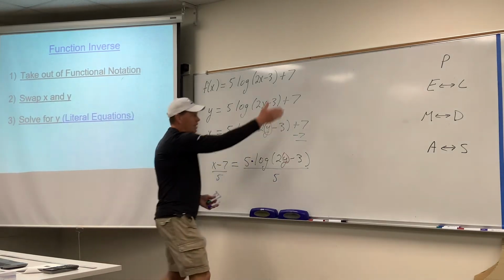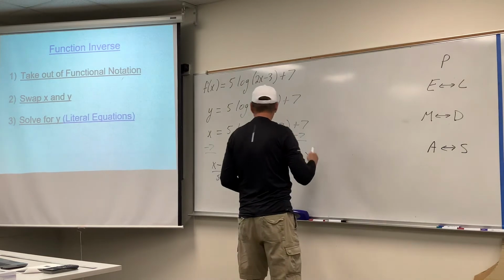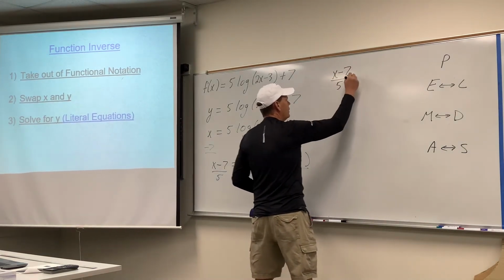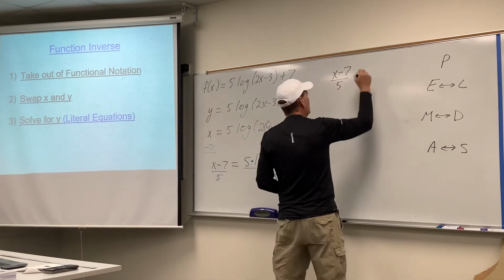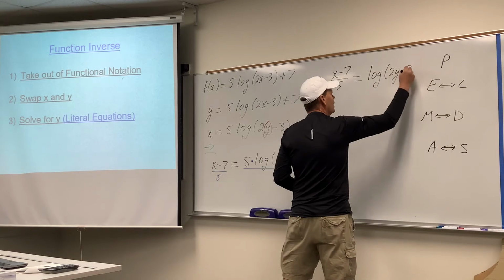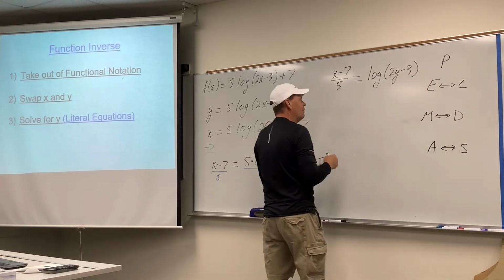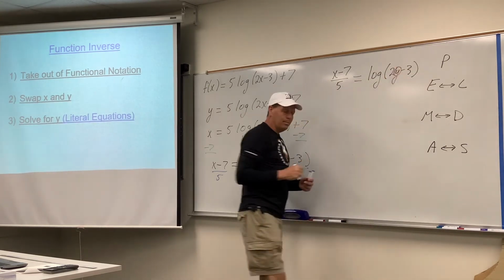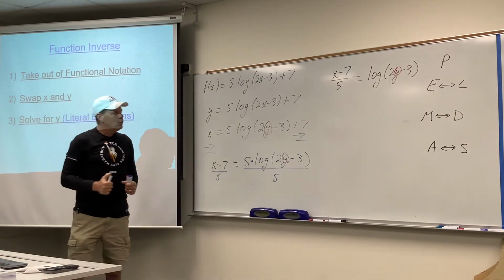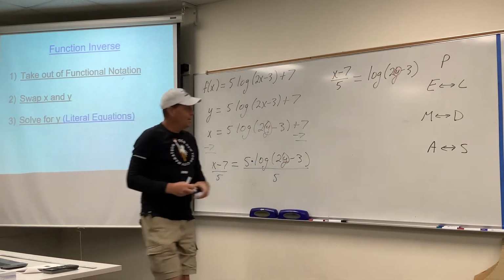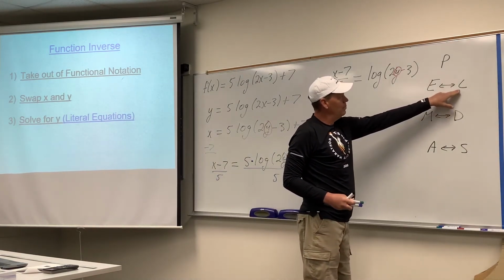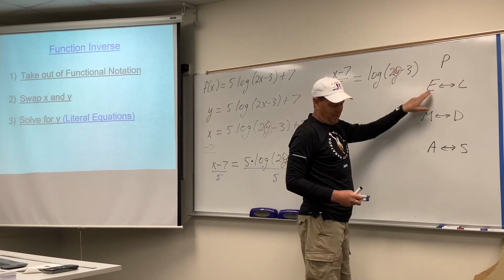Let's scroll this up here. Now the equation is x minus 7 all over 5 equals the log of 2y minus 3. By the way, to be more specific, I should have said common logarithm, and that's going to become important now, because I hope you realize at this point, as we move up the ladder here, that we indeed want to get rid of that logarithm by changing this to an exponential.